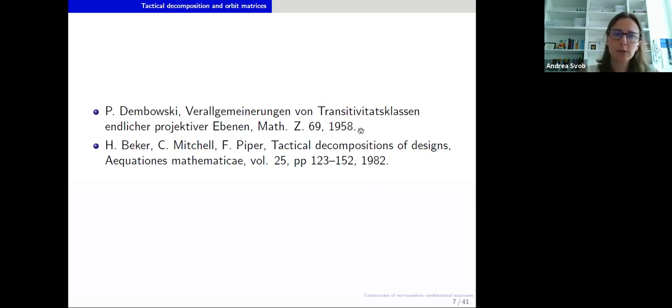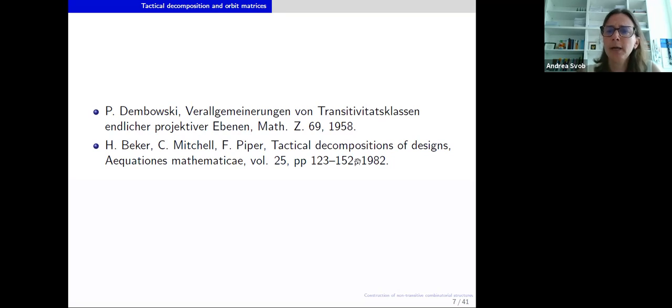He was probably the first one who started the study of tactical decomposition of designs. But this paper is about construction of projective planes, so this definitely has roots in finite geometry.